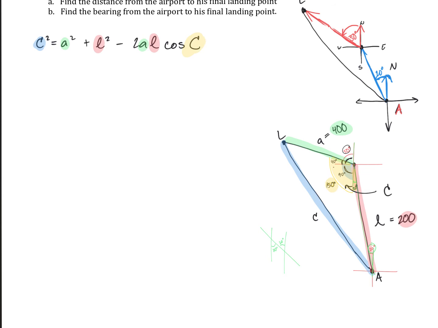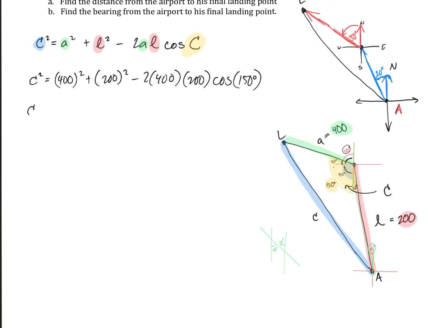Alright. Then I have C squared equals, and our A squared was 400, plus L, which is 200, squared, minus 2 times A, which is 400, times L, 200, cosine of C, which is 150.